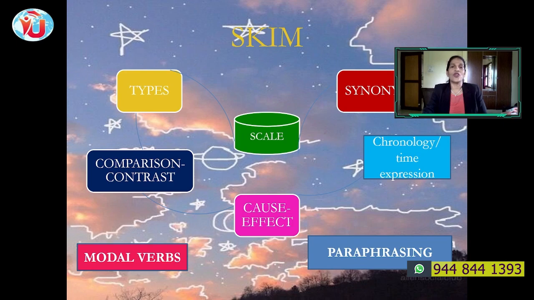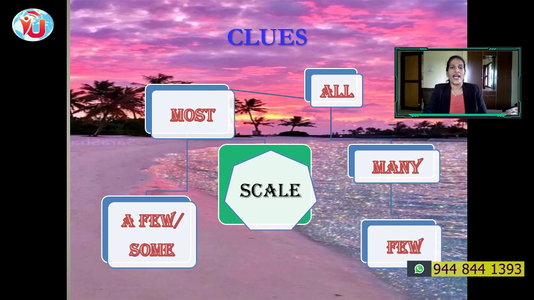All these things you look for will guide you to fetch the answer right away. So I told you there are clues to look for. Let me tell you, because you may be wondering what scale is, what synonym is. So I am here to give you a detailed understanding of each of these components.